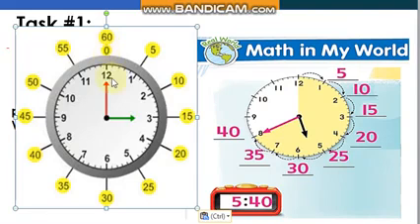So everyone, remember, every time the long hand moves from number to number, from 12 to 1, there are 5 minutes, and then you add 5 more, and so on. Excellent.